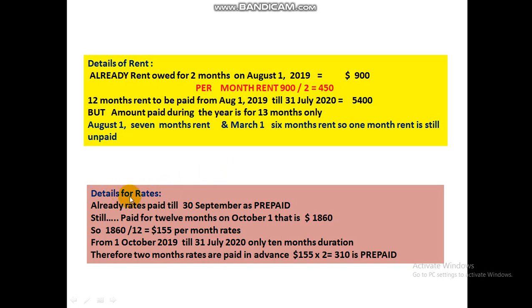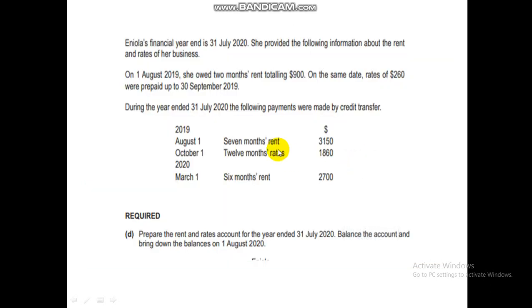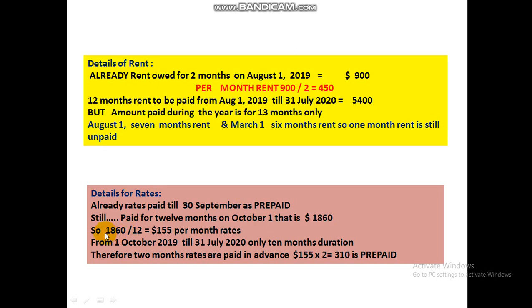Now if we look at the details for the rates account, already paid till 30th September, that means 2 months rates are already paid in advance, they are prepaid. Then 12 months were paid on October 1, that is 1860. We got this information from the question. These rates will continue for the next 12 months, so the per month rate is 155.